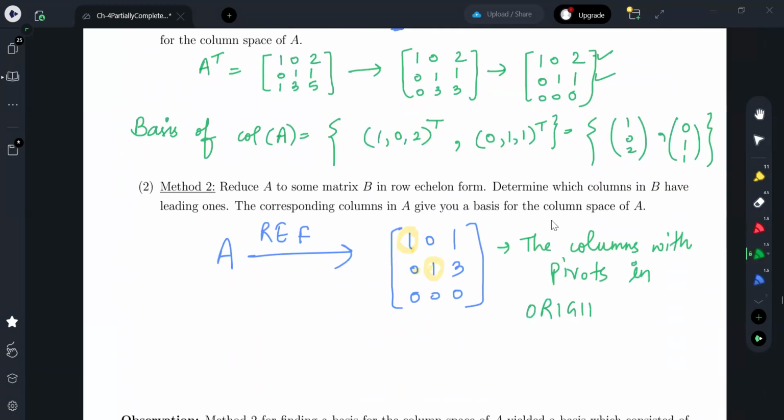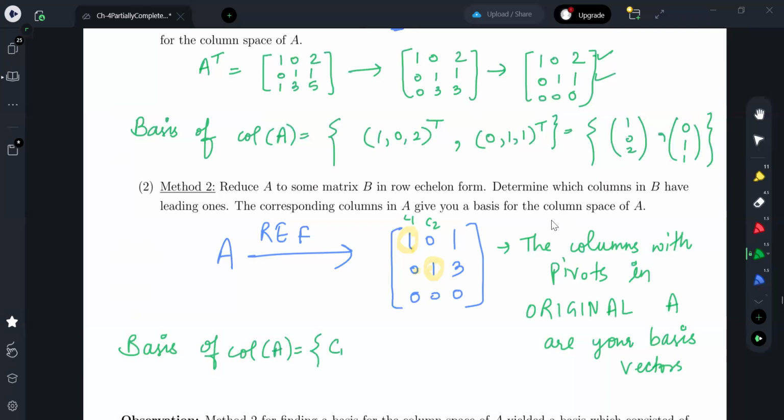In the original A are your basis vectors, right? So column 1 and column 2 will be in my basis of column space. So I got rid of the redundant columns.